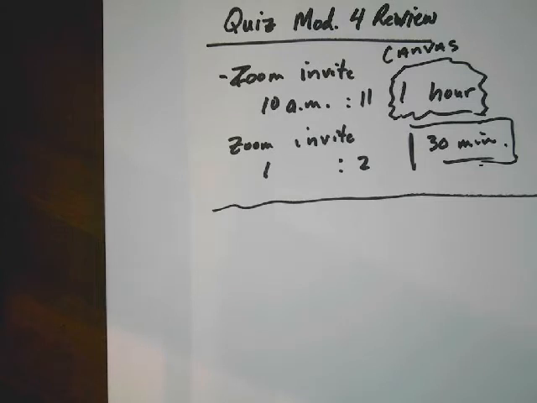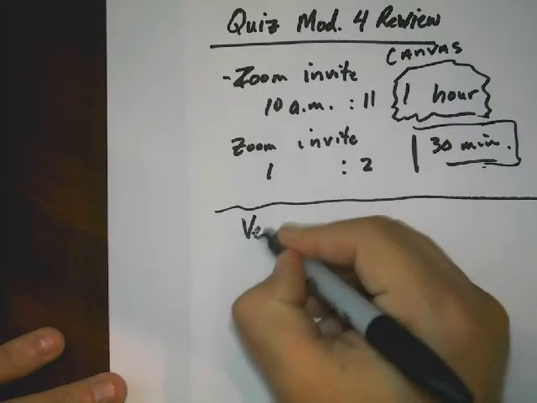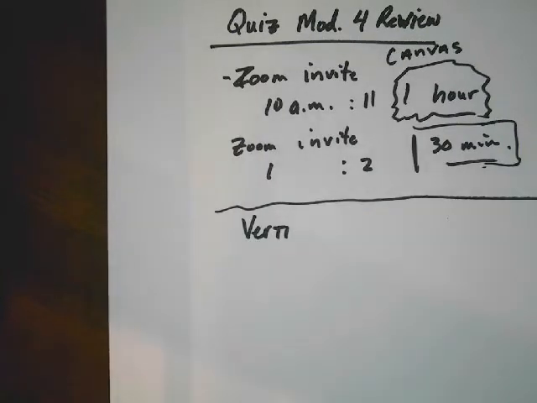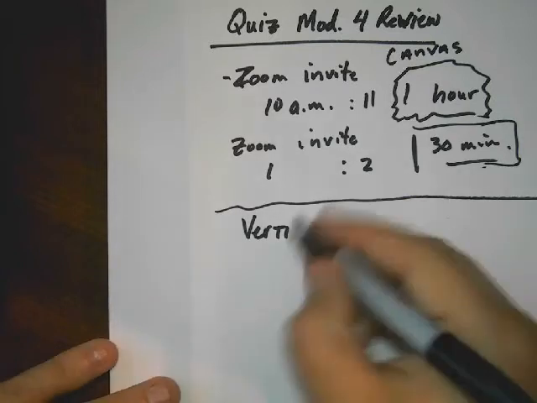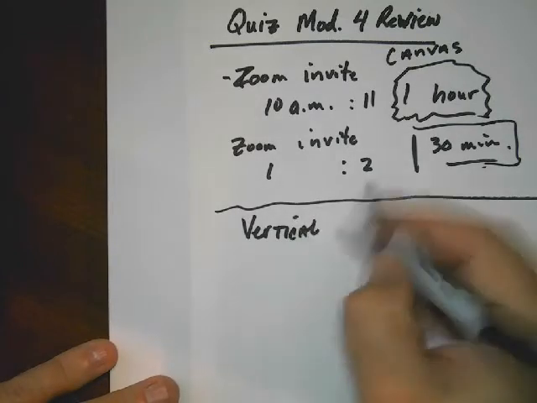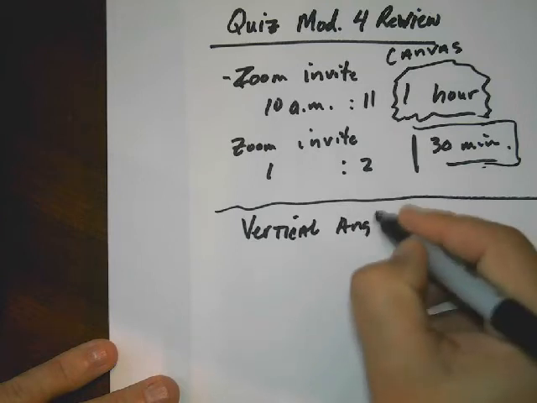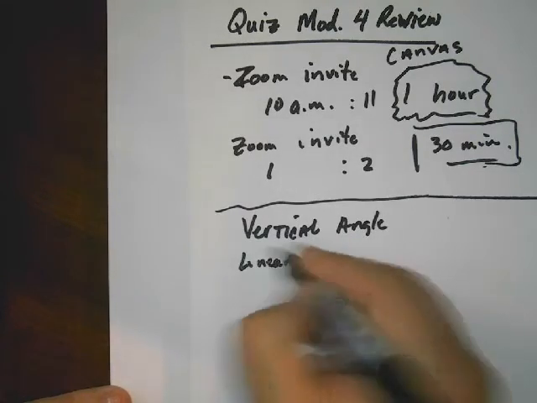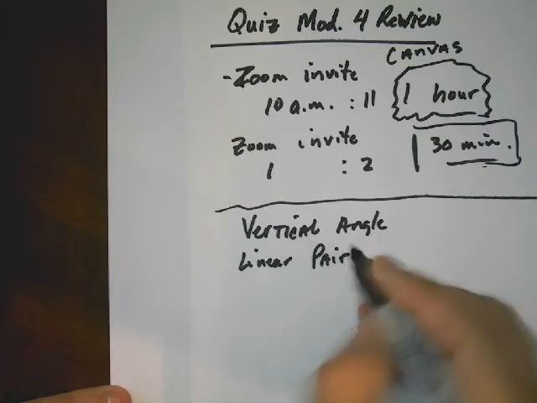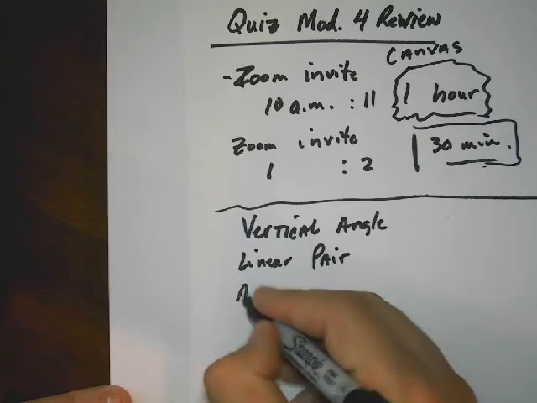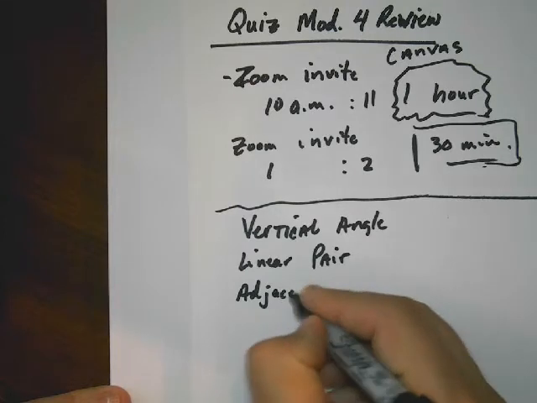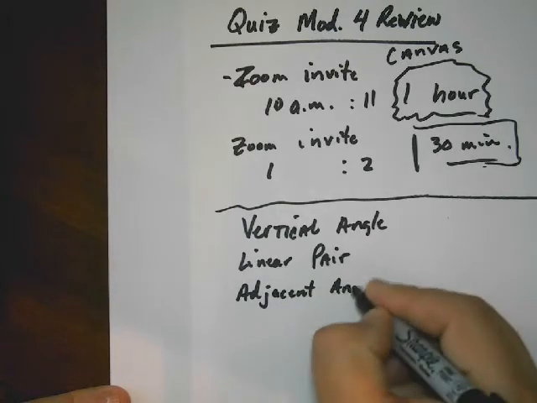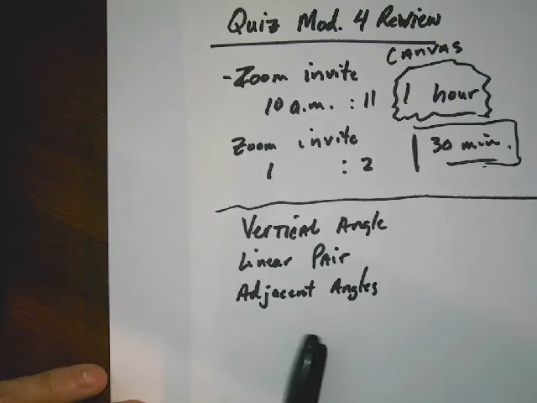One of the things that you need to make sure that you know how to do, of course, is recall what a vertical angle, a linear pair, adjacent angles are. All right, so let's take a look.